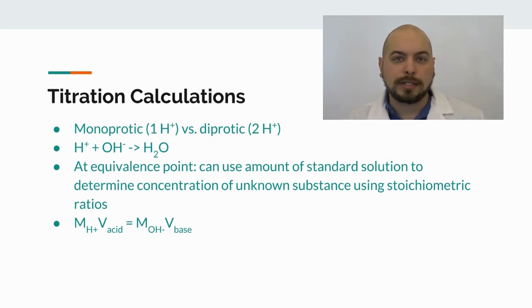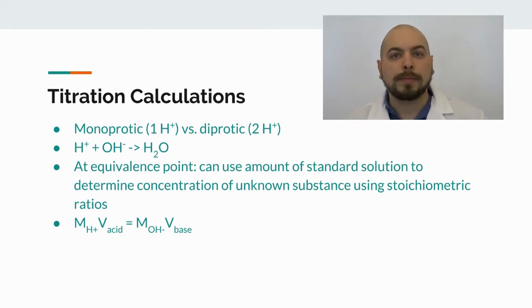Now in this context, we have used for dilutions before molarity of the first times volume of the first is equal to molarity of the second times volume of the second. In titration problems with acids and bases, the reaction that's actually going on is 1 hydrogen ion reacting with 1 hydroxide ion. So a more succinct way to do the math in titrations is to say the molarity of hydroxide or the molarity of hydronium.